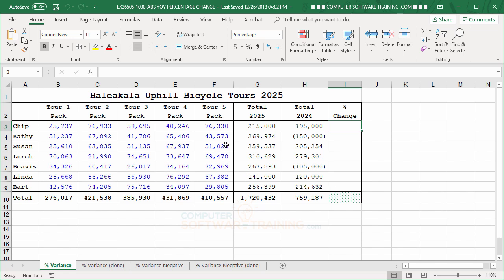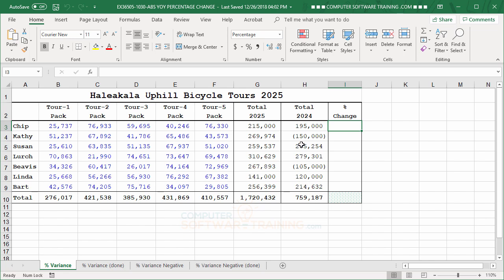Now, one of the situations you're going to run into with something like this is that we have negative numbers in the year before. And the problem with that is that this calculation involves division, and more specifically, column H ends up being the divisor.